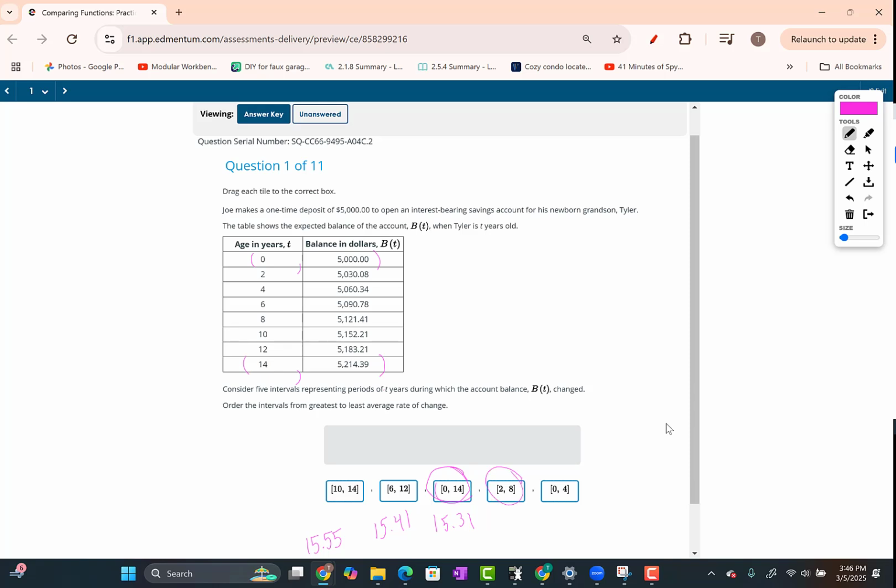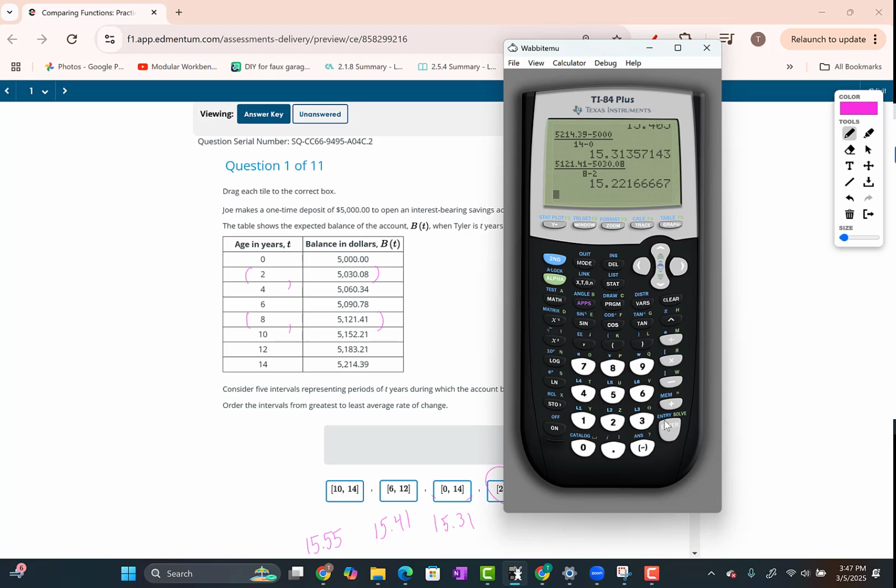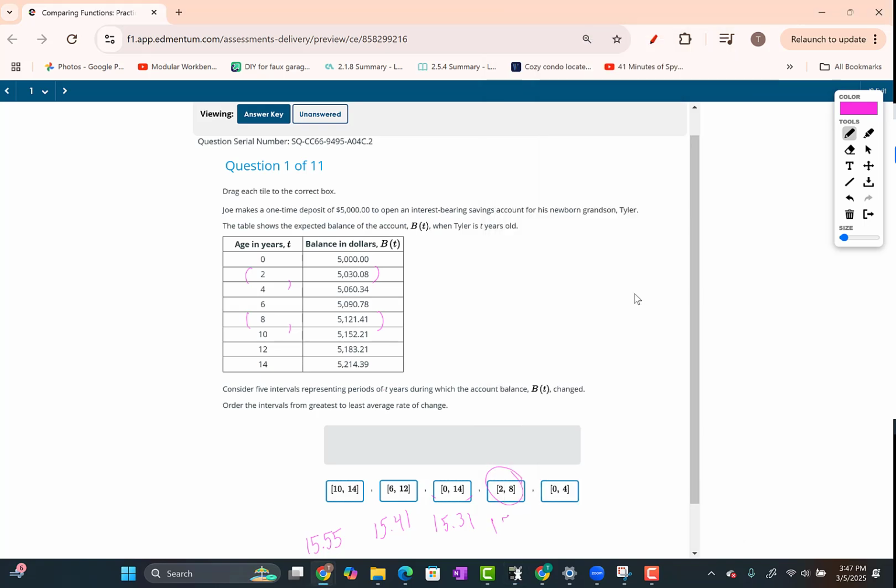Now let's check 2 to 8. I encourage you, pause the video, try the next one. In just a second, I'm going to show what I got. So as you can see, I got a rate of change of 15.22.